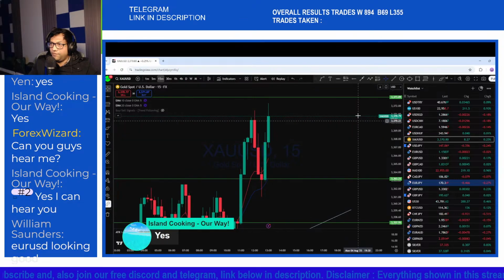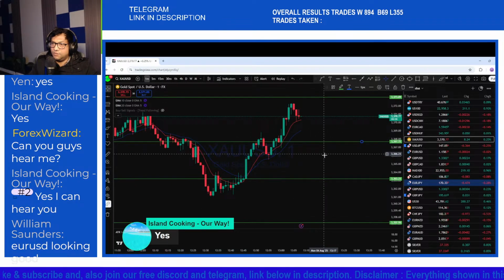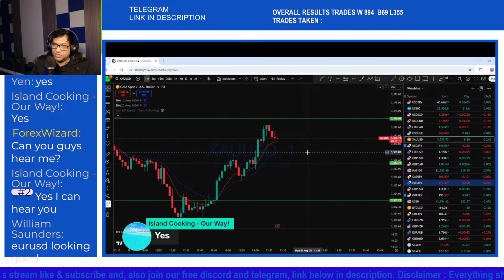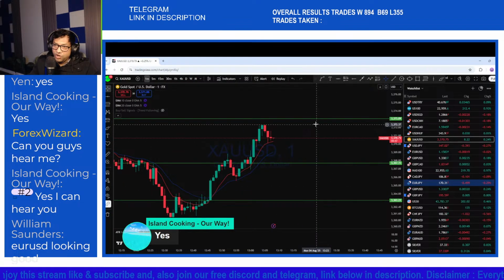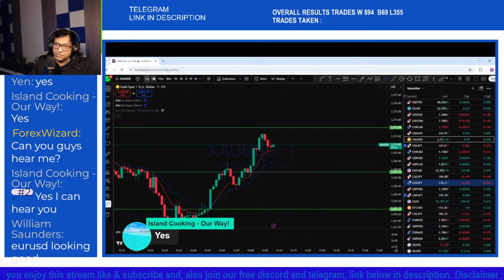The current 15-minute support is here, and as the market again started to trend back to the upside, we would also like to see the lower time frame price action on the 1 minute for any quick entry for a possible upside bias.